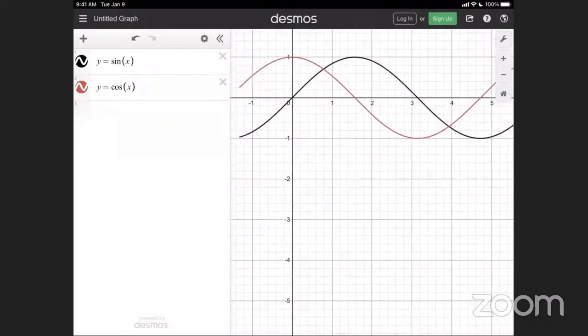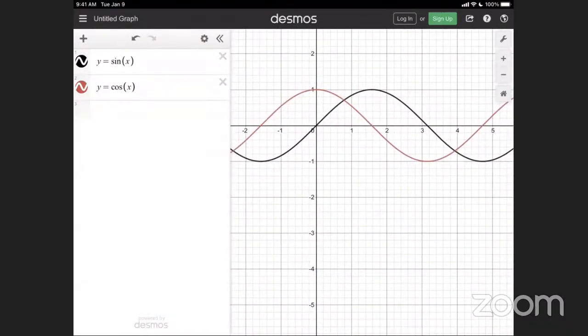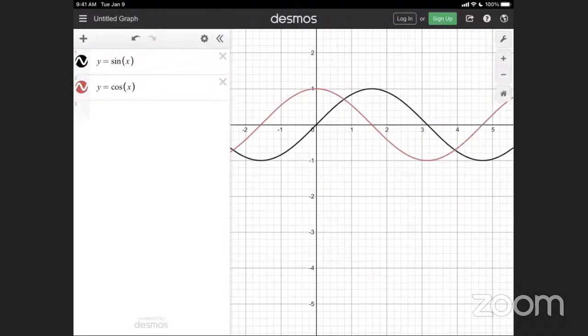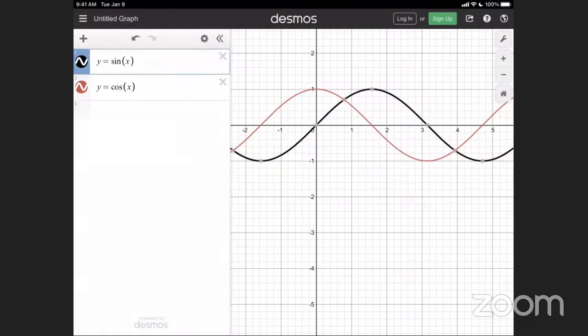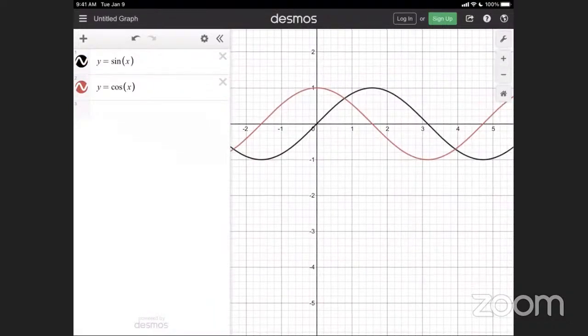Do you see every time I get to a peak on here, the black one is my sine graph. Every time I'm at a peak, where is the cosine graph at? Every time I go to the peak on the sine graph, what do you notice about that same x value on the cosine graph? Where is it?